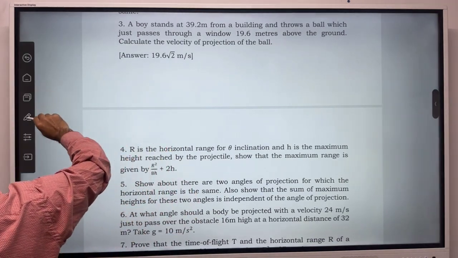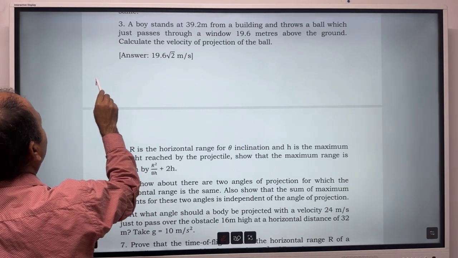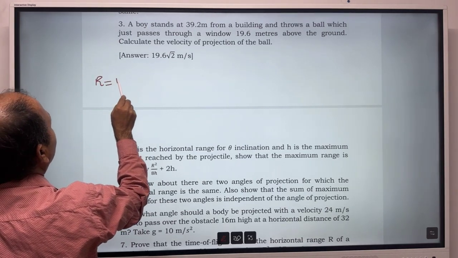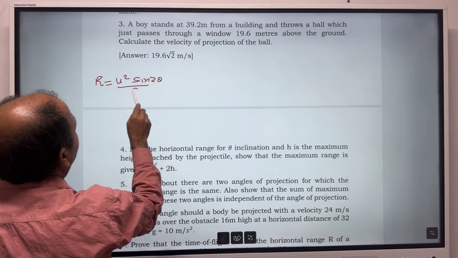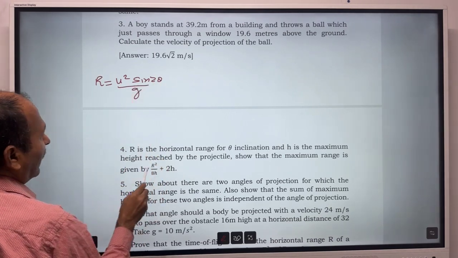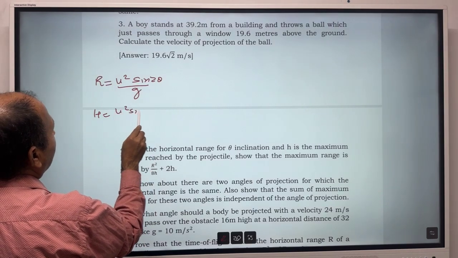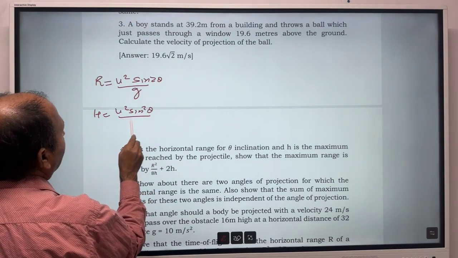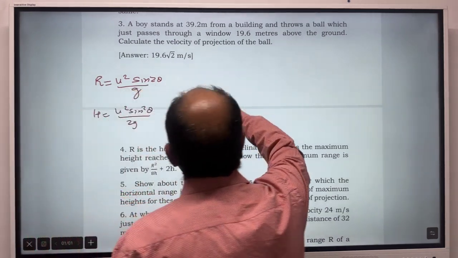So here you have to take R square. So horizontal range R is given by u square sine 2 theta divided by g, and h is given by u square sine square theta divided by 2g. So let's evaluate the first term.